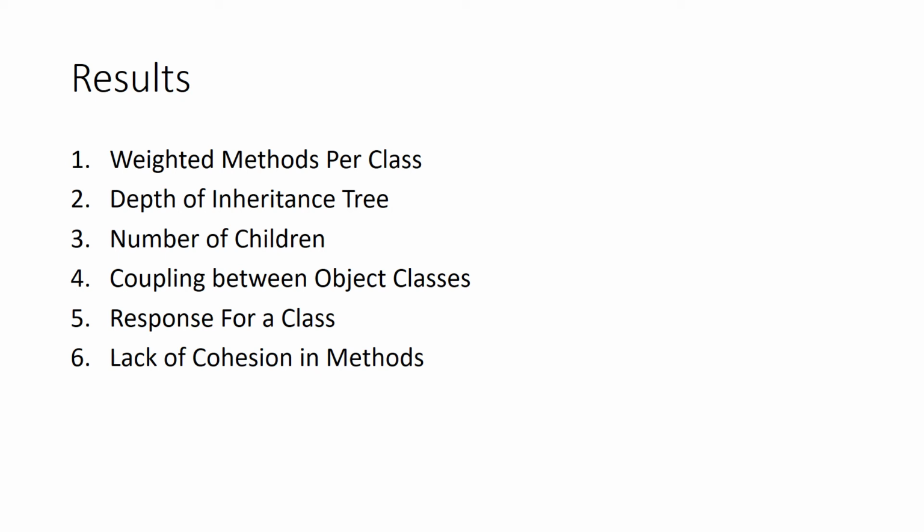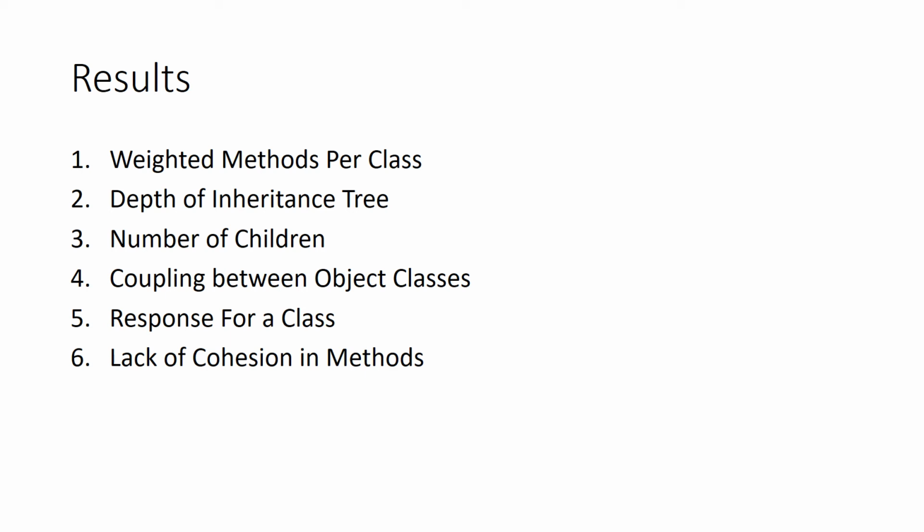Response for a class. How many methods are called or executed in response to a message received by the object of a class method. And finally, lack of cohesion in methods. It is the difference between the number of method pairs not having instance variables in common and the number of method pairs having a common instance variable.